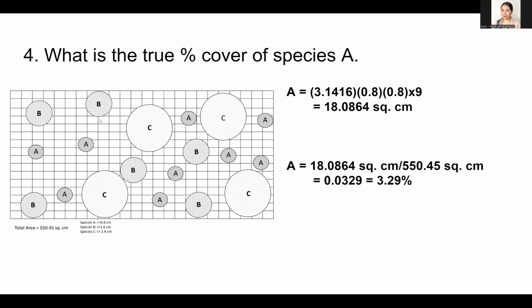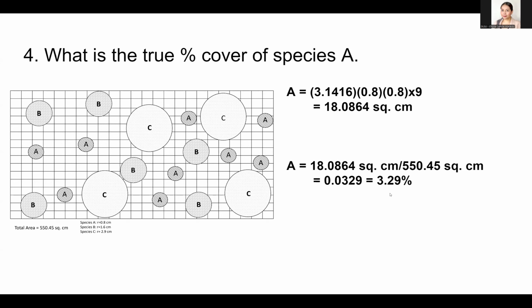And then you divide 18 square centimeters by the area of the reef, which is 550.45. So 18 divided by 550.45 is about 0.0329, or about 3.29%, or 3.3%, or 3%. So that's the answer for question 4.